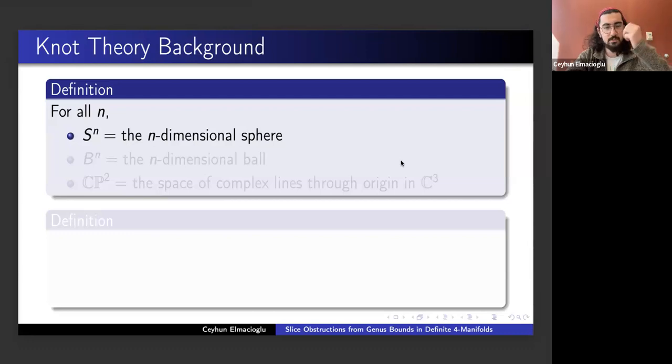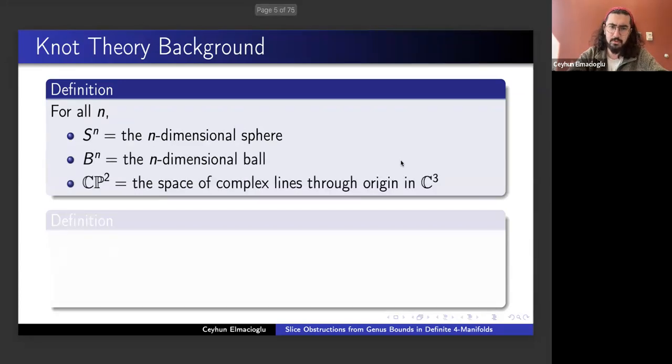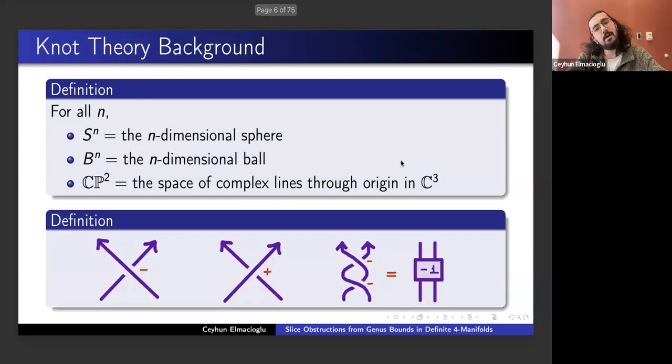So to start with the basics, assuming everyone knows that Sn is the n-dimensional sphere, Bn is the n-dimensional ball, and we will only need CP2. CP2 is the space of complex lines through the origin in C3. It's the complex projective space. And when we're dealing with knots, we have knot diagrams, and in the knot diagrams, we either have a positive crossing or a negative crossing.